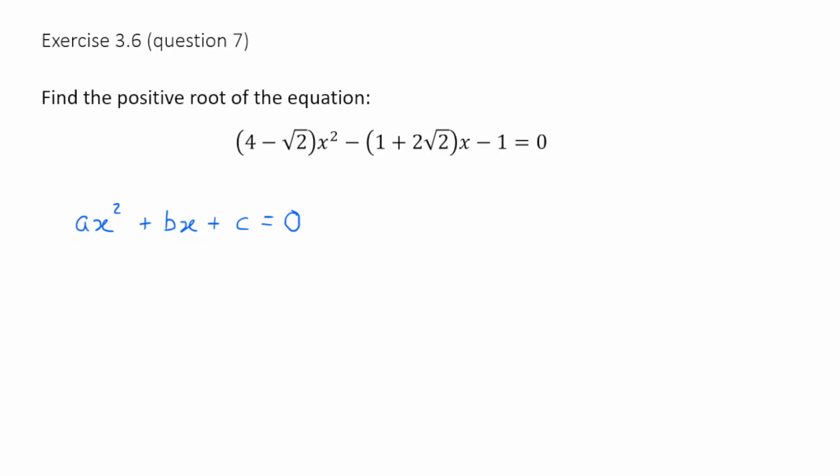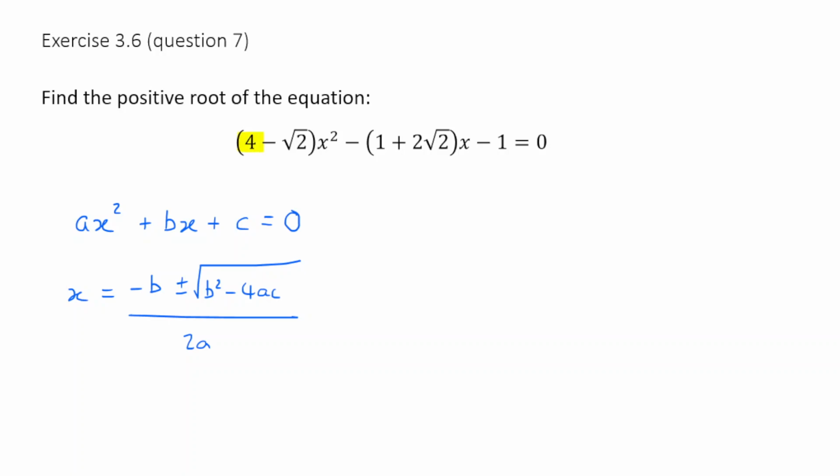And if we've got those a, b, and c's, how can we use the quadratic formula? Well, x will equal minus b plus or minus the square root of b squared minus 4ac all over 2a. So we just have to ask ourselves, in this particular example, what is a, b, and c?